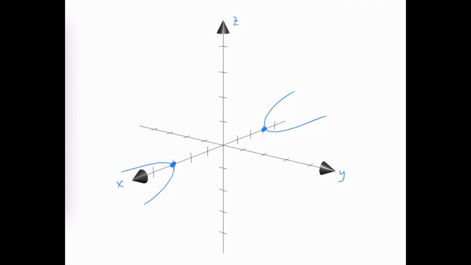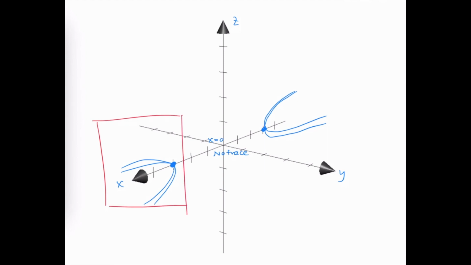And in the xz plane, we also had hyperbolas opening in the direction of x, so we're kind of looking like this. When we sliced with the plane x is equal to 0, we got no trace, right? So there's no trace curve in the yz plane, but when we took our slicing plane out here and sliced it with the plane x is equal to 5, we ended up with an elliptical trace curve, right?